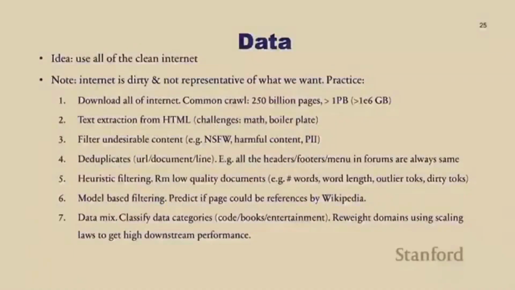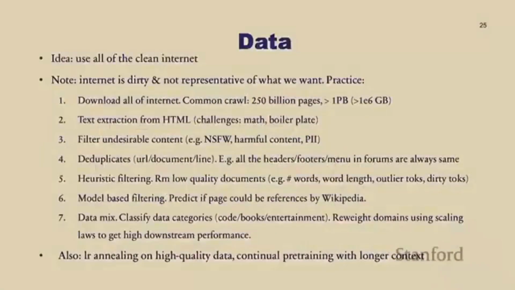So you want to upweight the coding distribution because that helps for general language modeling skills. Books is usually another one that people upweight. Entertainment, they usually downweight. Of course, people used to do this heuristically. Now there are entire pipelines that we'll talk about of how to do these things slightly more automatically.